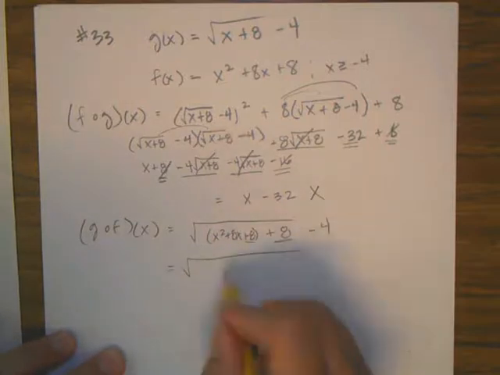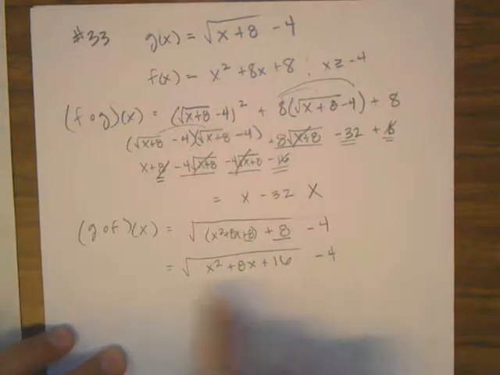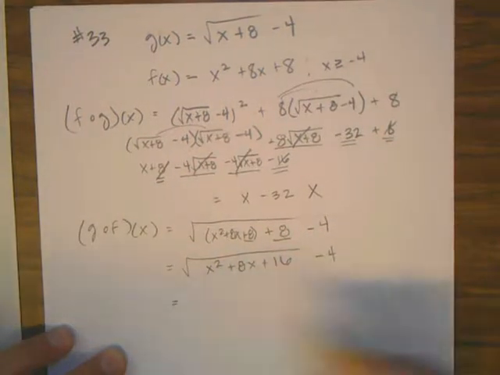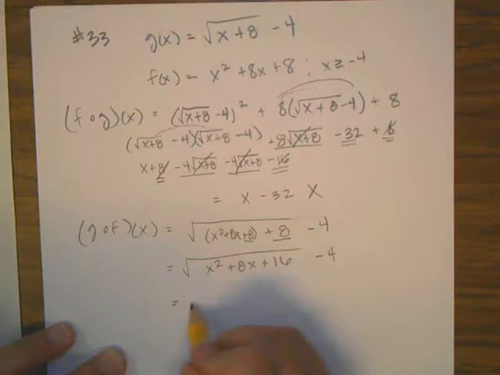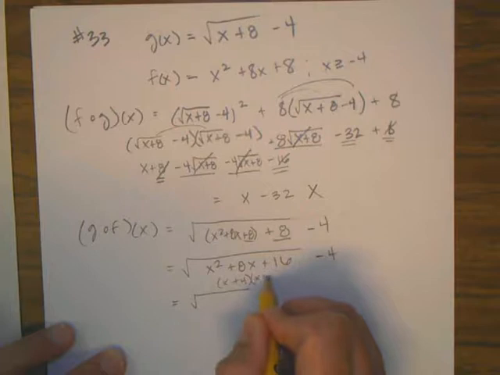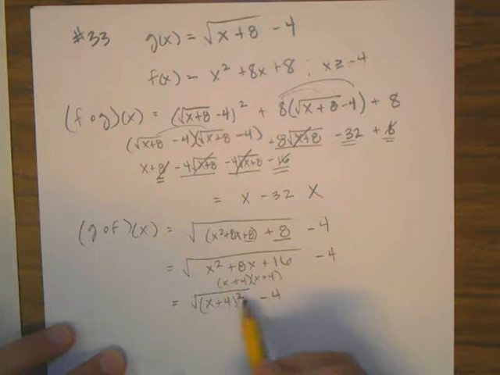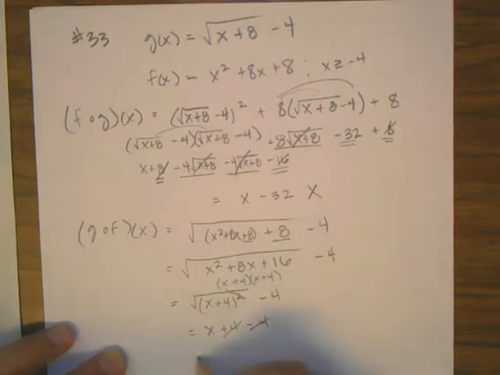This right here is a perfect square trinomial. If you factored that, you would get x plus 4 squared. And when I have the square root of a square, it goes away. x plus 4 minus 4, boom, boom. That one equals x, which is good. But this one does not equal x. It equals x minus 32, so that's bad.